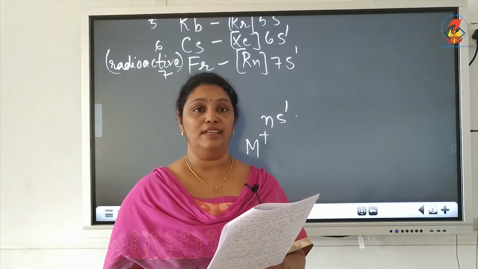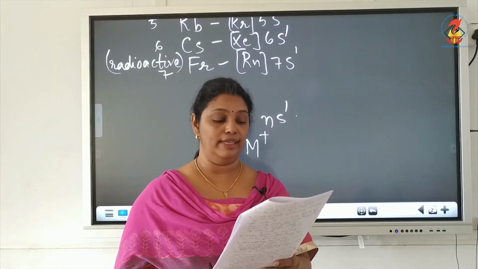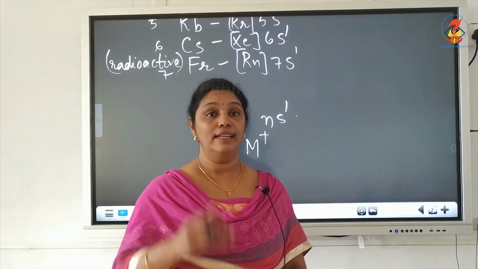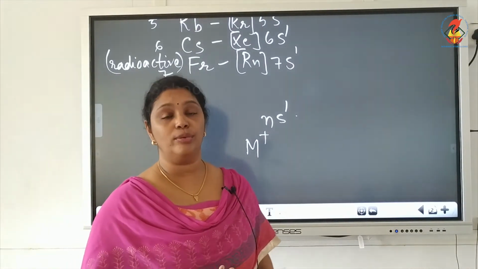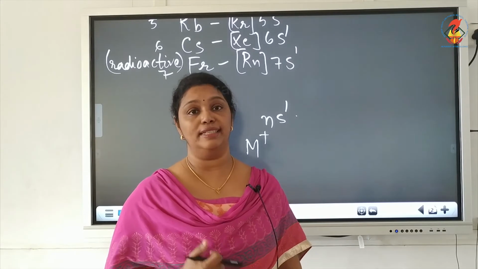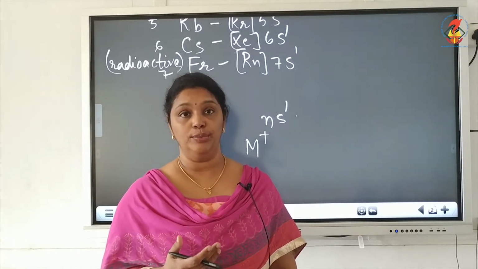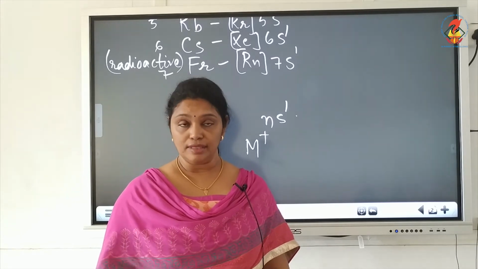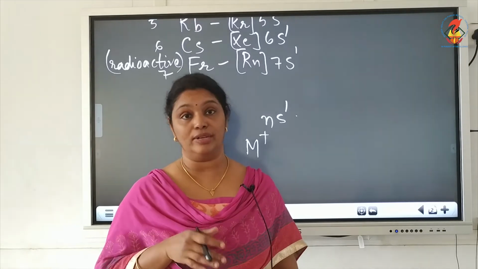Now, the next question, when we move from lithium to cesium, atomic or ionic radii increases. Lithium to cesium means down the group, the atomic radii increases. Now, what is the reason for that increase in atomic radii? We know that down the group n value increases. So, force of attraction between the electron and nucleus decreases.